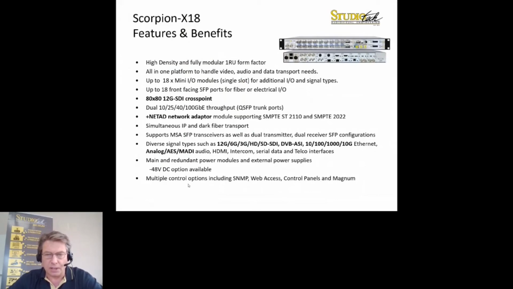The front side is equipped with SFPs, through which you can actually do a conversion from optical to digital. In total at the back end, there are 18 single slots for MIO modules, which means it's 9 for dual slots, because there are also dual slot modules available for this platform.